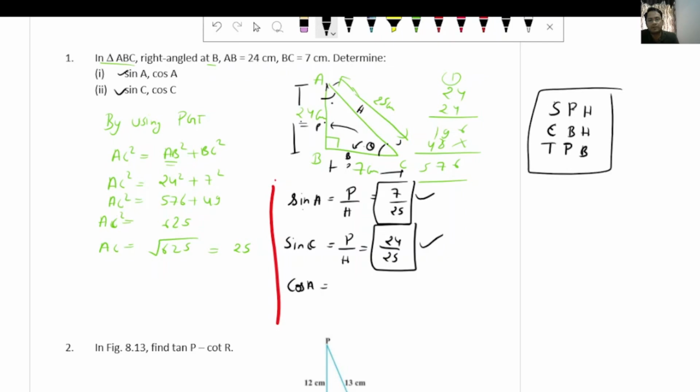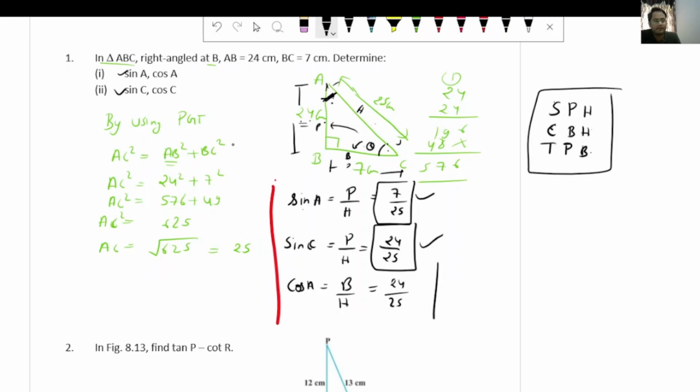Now you need to see cos A. So this is your A. Some people have curly black hair, so base upon hypotenuse, right? So base will be equal to 24, because we are on angle A right now. So 24 upon 25, right?